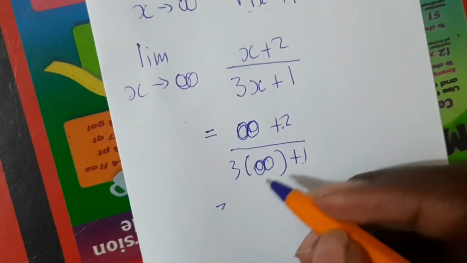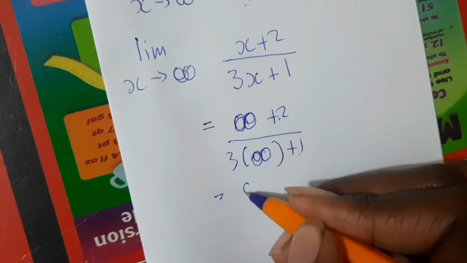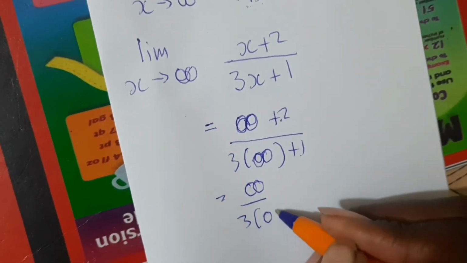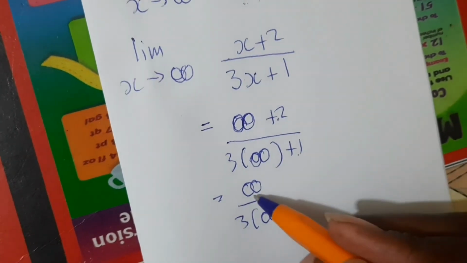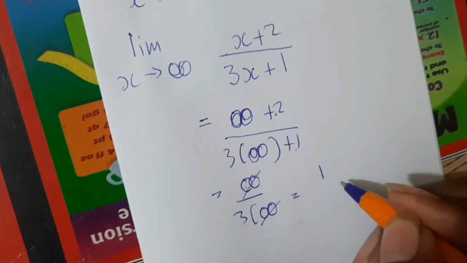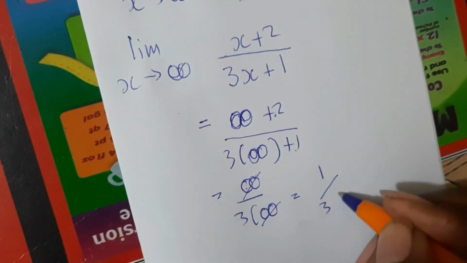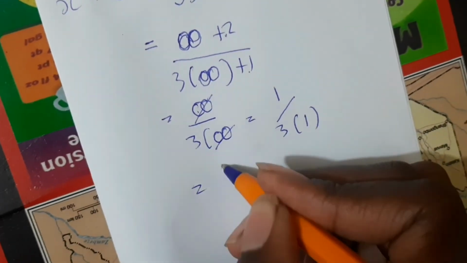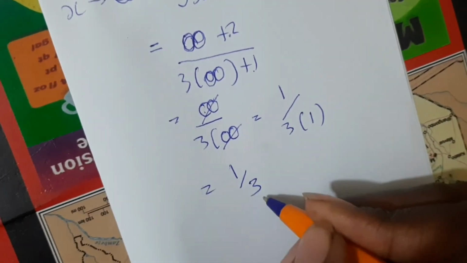We're just going to forget about them. We're going to just look at infinity over 3 times infinity. So this infinity and this infinity will cancel out as 1, and then the infinity again at the bottom will cancel out as 1. So this overall becomes 1 over 3.